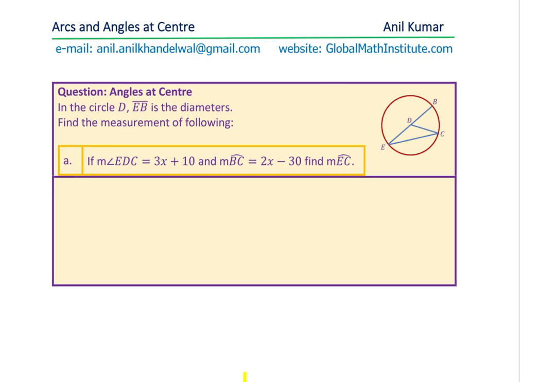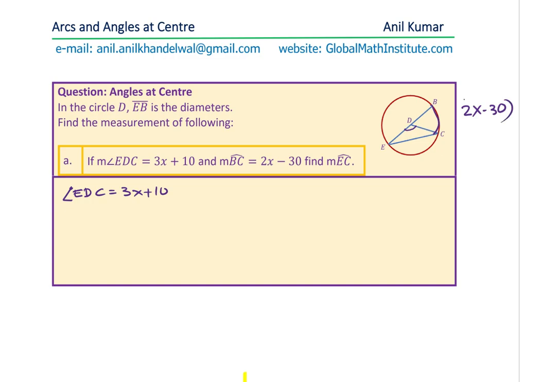Now, let us take the questions one by one. In the very first question, measurement of angle EDC, which is this angle, is 3x plus 10. And we are given that measurement of arc BC, which is right there, is 2x minus 30.